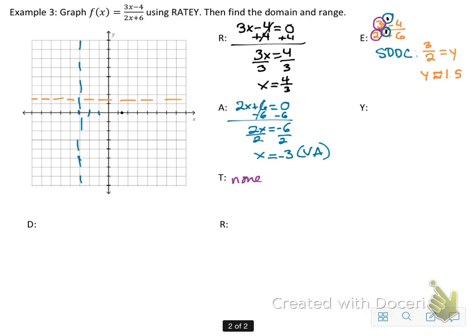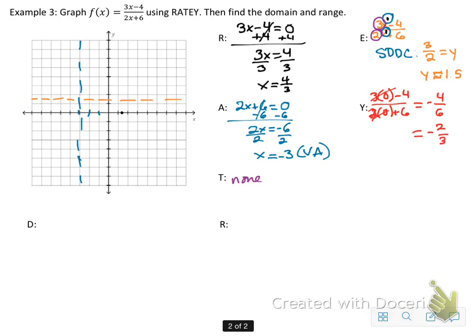Now we just need to find our y-intercept. So we plug in 0. We get 3 times 0 minus 4 over 2 times 0 plus 6. Those go away. We end up with negative 4 over 6, which simplifies to negative 2 over 3.